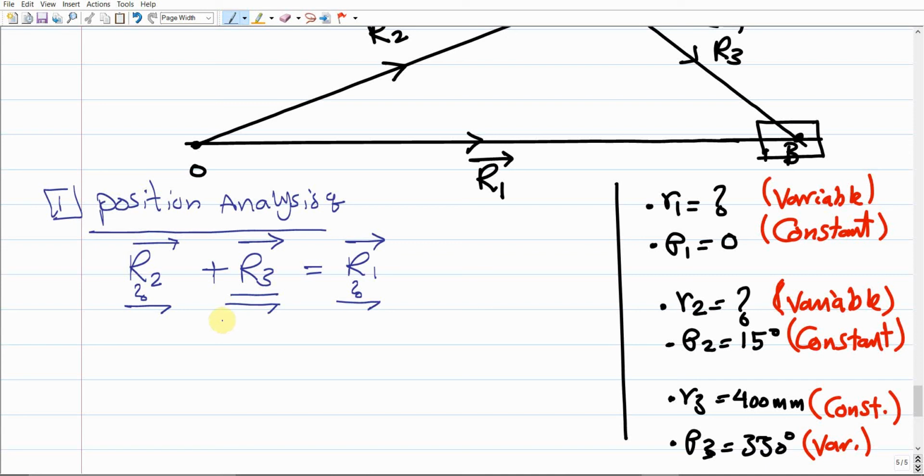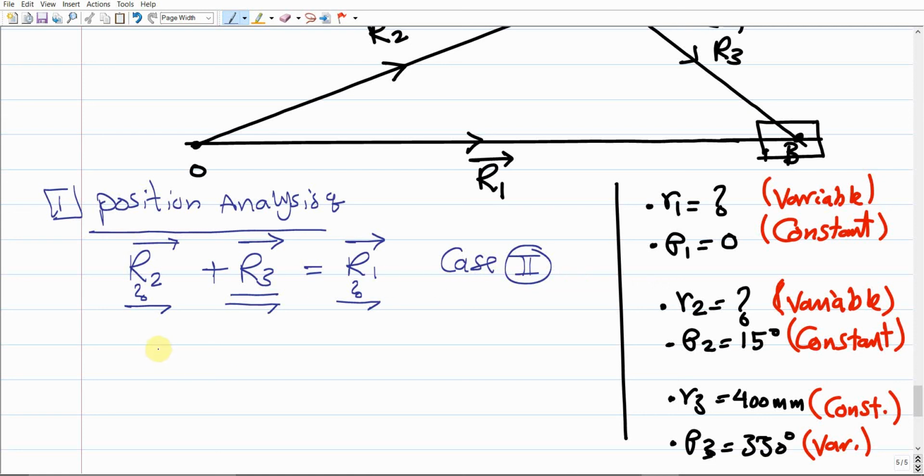Make sense? Then what next? Basically, if you look at this case, which case is this? Is it case 1, case 2, or case 3? This is case 2. Why case 2? Because we have two unknowns, and these two unknowns are the magnitudes of two different positions. So this is typically case 2 of the position analysis.